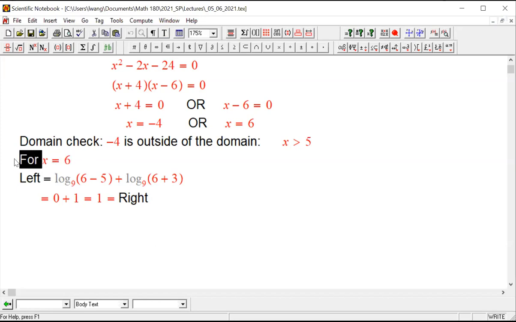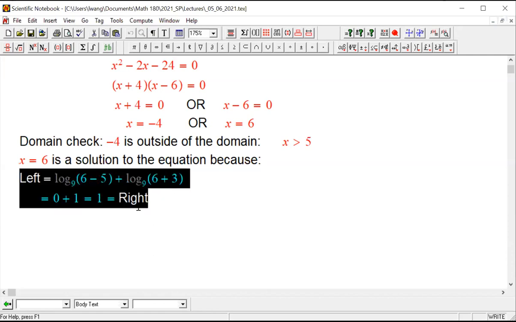So you can also say x equals 6 is a solution to the equation, if you want to make it shorter, right? Because, right? So this is the because, and we're done.